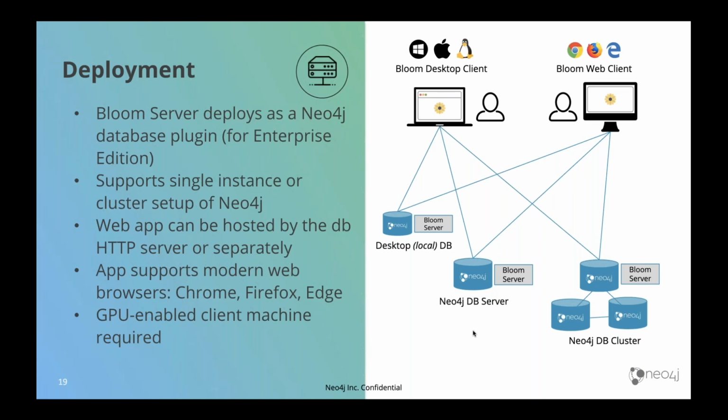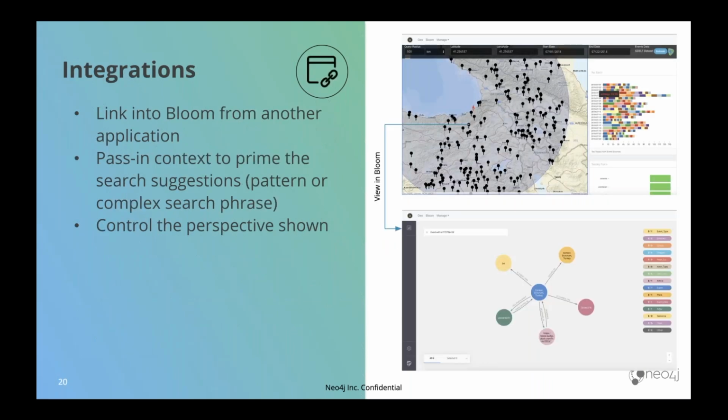And then finally, with this web-based client that we're offering, you also have the ability to connect Bloom to other applications that you may have, with these integrations that are now possible as well. So in this particular example, you see on the top, there's an application.